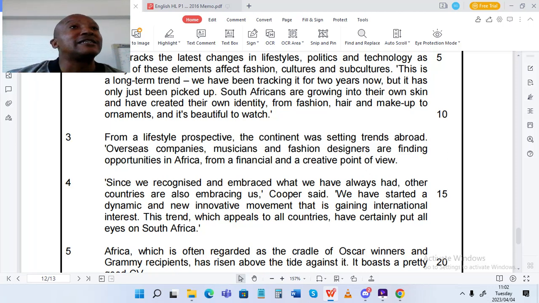This trend has or have? How many trends are there? One boy has or one boy have? Has. So this trend has certainly. There's your error of concord.